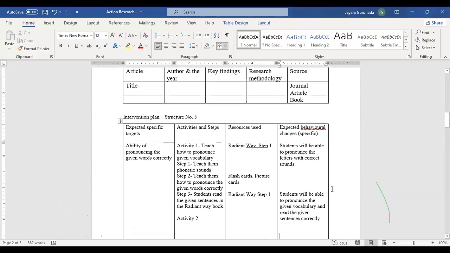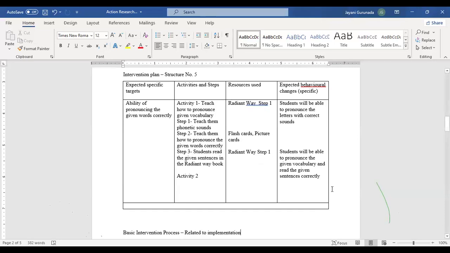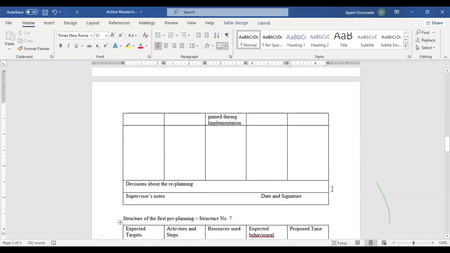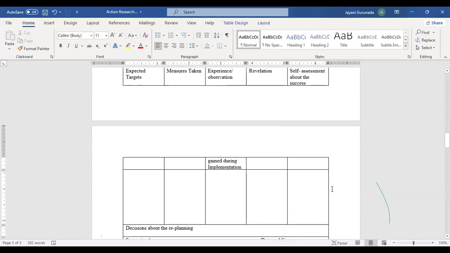You have to explain the intervention plan that is given in this grid. Like that, you have to show it for each cycle. Whether it is eight days or sixteen days, whatever it is, you have to plan it and explain. Right. So these are not necessary. That's all. Then I will show you a sample presentation.